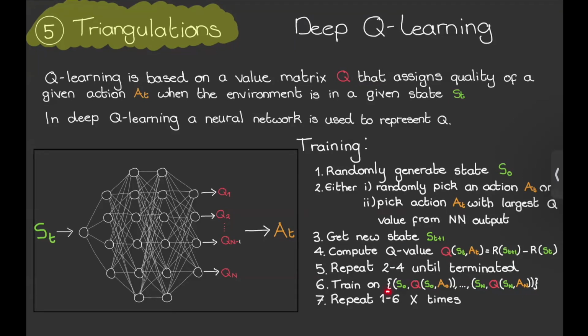Once you've got to a terminal state, you now have this list of state Q value input outputs, and you then use that list to train your neural network, and then we go again. So then we pick a new random state, do this whole procedure again. So you're basically iteratively training your neural network. And then you can do this however many times you like. And obviously, the more you do it, the better your network is going to become.